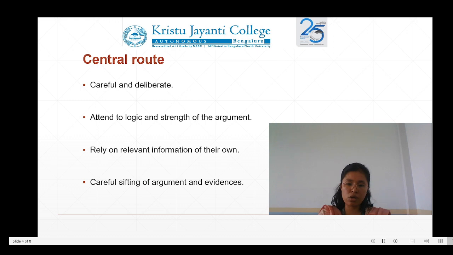The person attends to the logic, the strength of the argument, and in order to weigh the argument and the evidences that is being provided, the person relies on relevant information of his or her own from past memory or experiences. So when you are inclined to think logically, when you are looking at the evidences, the strength of the argument, when you're thinking carefully and deliberately, what you're using is the central route to persuasion, according to the elaboration likelihood model. Here the person is engaging in controlled processing of information.